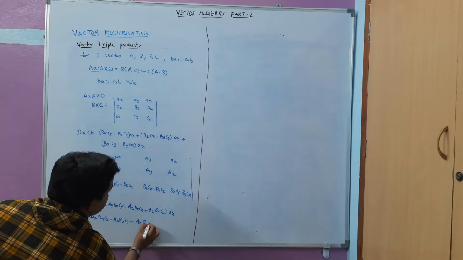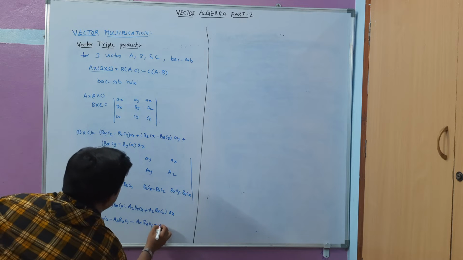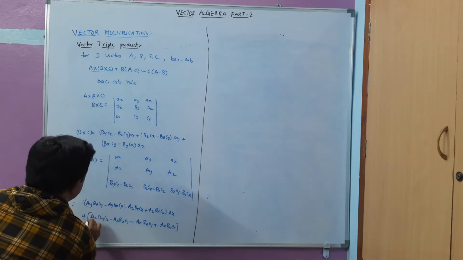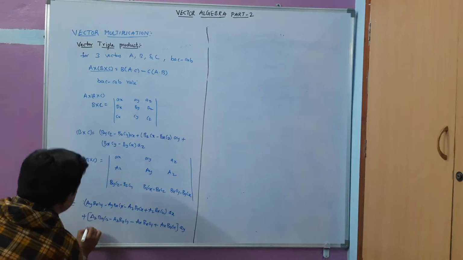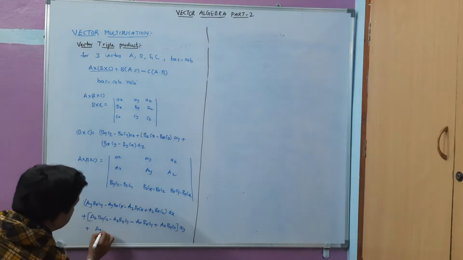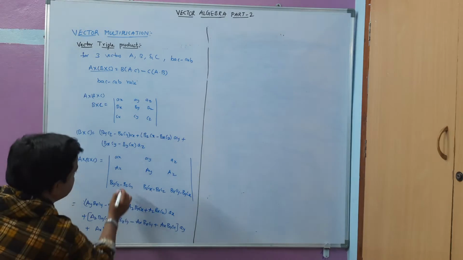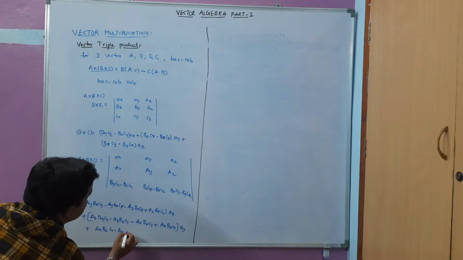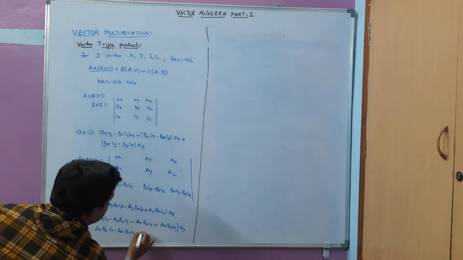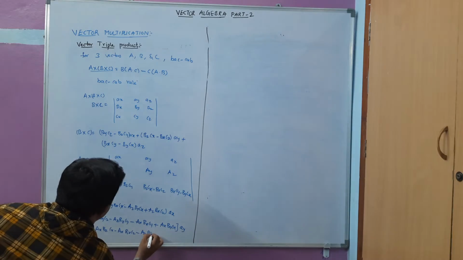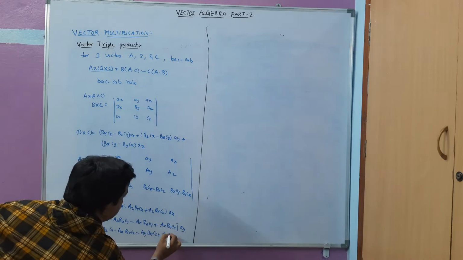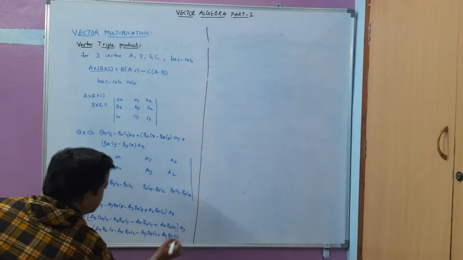AX BX CY plus AX BY CX into AY, plus, I have to take this minus this: AX BZ CX minus AX BX CZ, minus AY BY CZ, plus I will get here AY BZ CY into AZ.